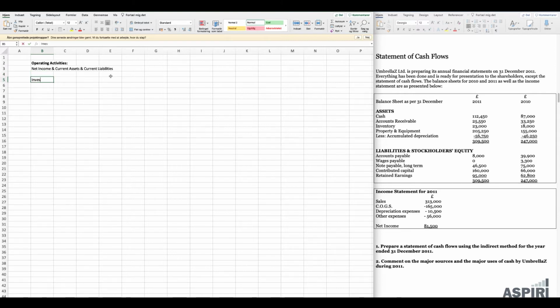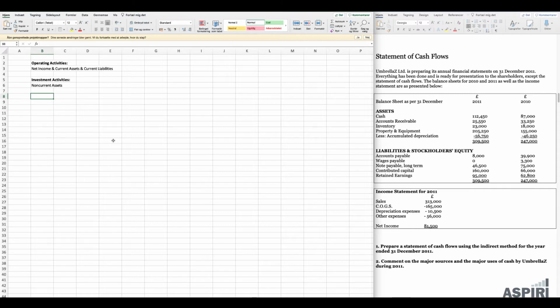The next category is investment activities, where we're looking at non-current assets. Unlike in the operating activities, where we're using current assets, under investment activities we're looking at changes in the non-current assets.